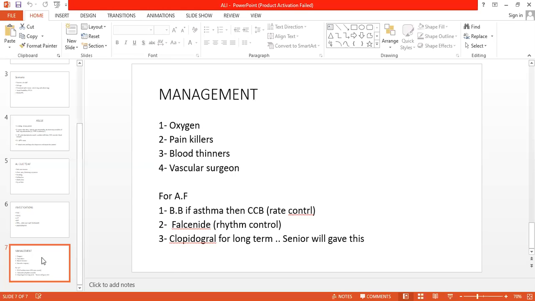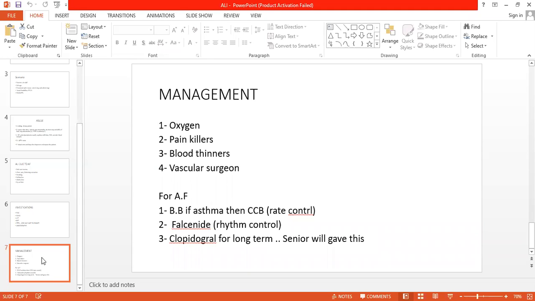The oxygen point, which someone of you asked about. Once you find out that it's ALI, then you will give the patient oxygen. You will not give the patient oxygen in B, because oxygen is already 95, and at that point it's pain in the limb, although you know that it's ALI, but it could be something else.